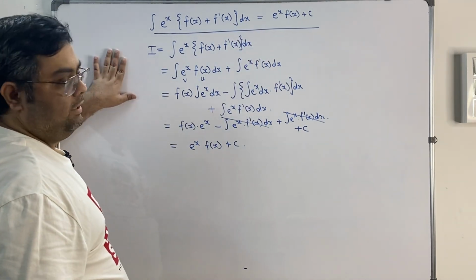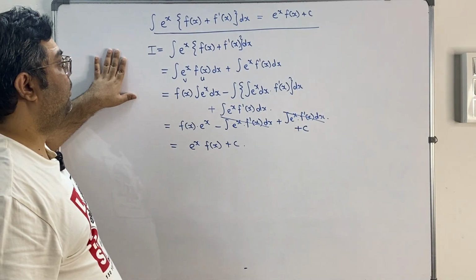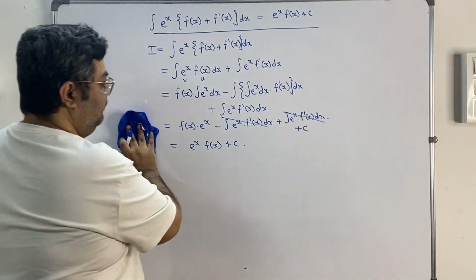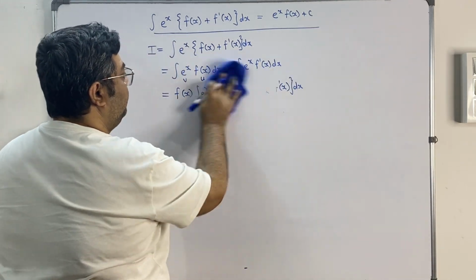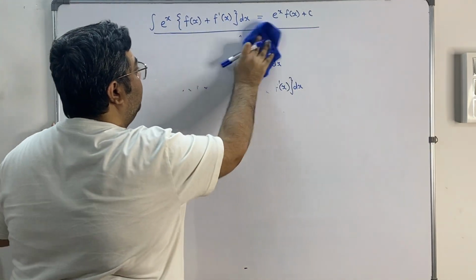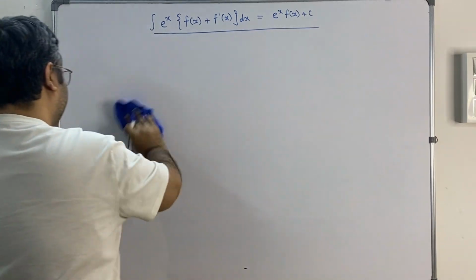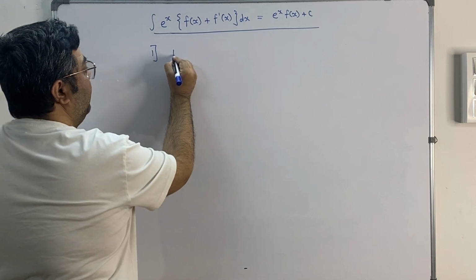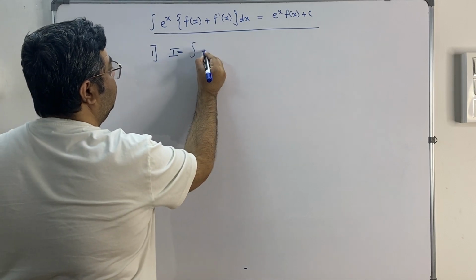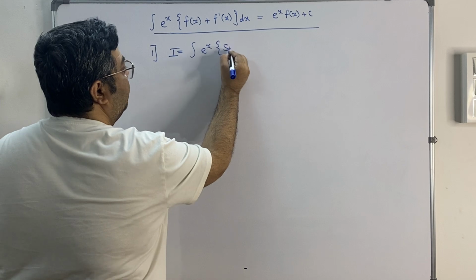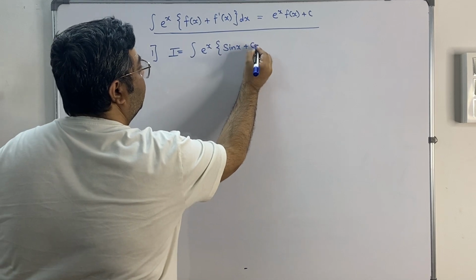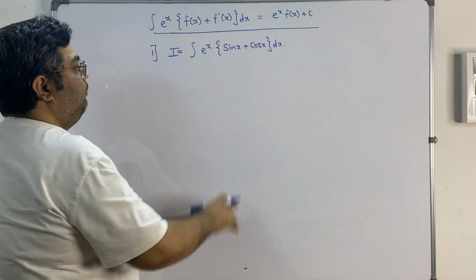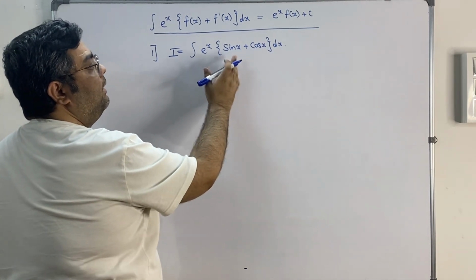Now we are going to apply this for solving a few problems. So let us start. The first question says I is equal to integration e raised to x (sin x plus cos x) dx. As can be observed, cos x is the derivative of sin x.